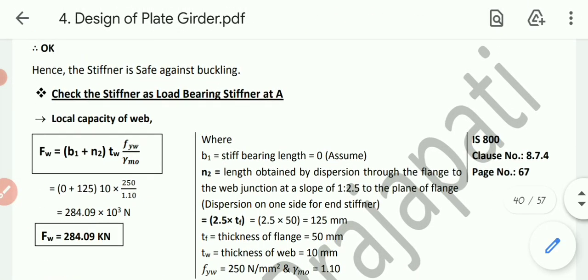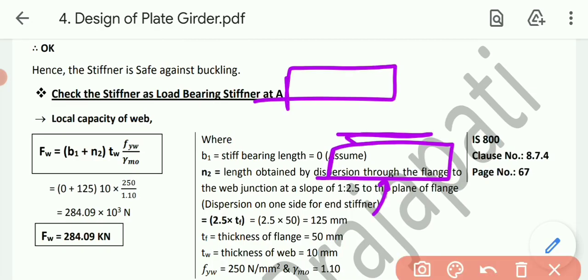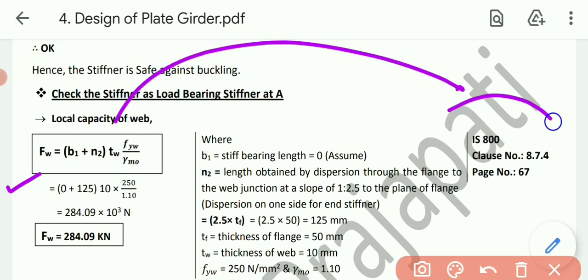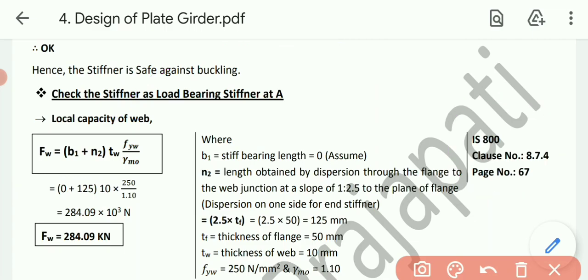Now the formula stands for (B1 plus N2) multiplied by TW into FYW by gamma m0, as per clause number 8.7.4, page number 67. Let's talk about the unknown parameters. First of all, B1, that is stiff bearing length, always assume as 0.